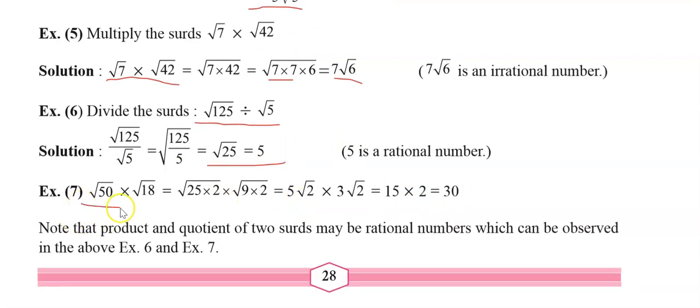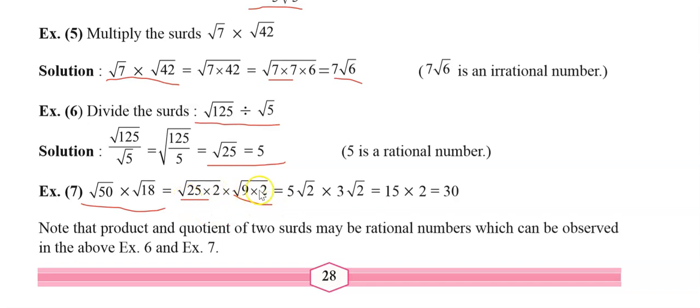Next is root of 50 and root of 18. It can be written as root of 25 into 2 into 9 into 2. Both of them have the same order. But to avoid this big multiplication of 50 into 18, we can factorize it as 25 into 2 and 9 into 2.